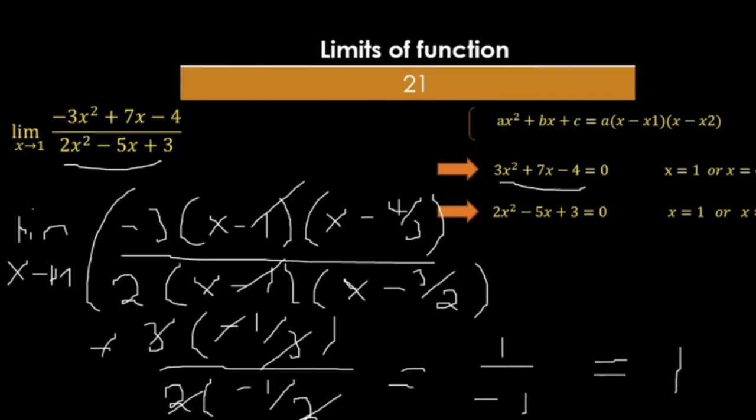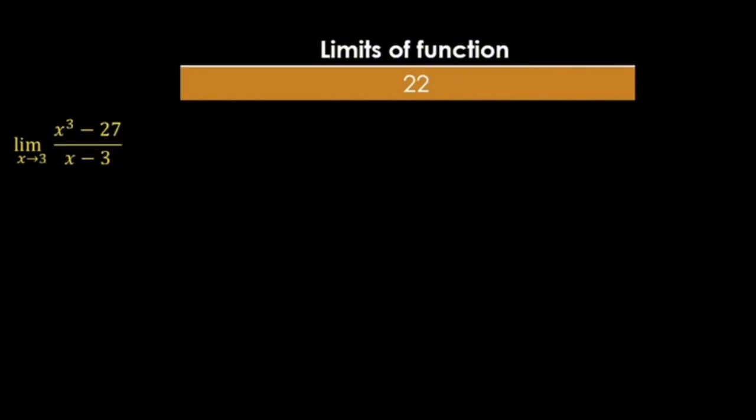Proceeding with this, there is question number 22. Limit as x tends to 3 of x cubed minus 27 all over x minus 3. From basic algebra, what do we know? We know that a cubed plus b, here is minus. Use an eraser, erase it back.